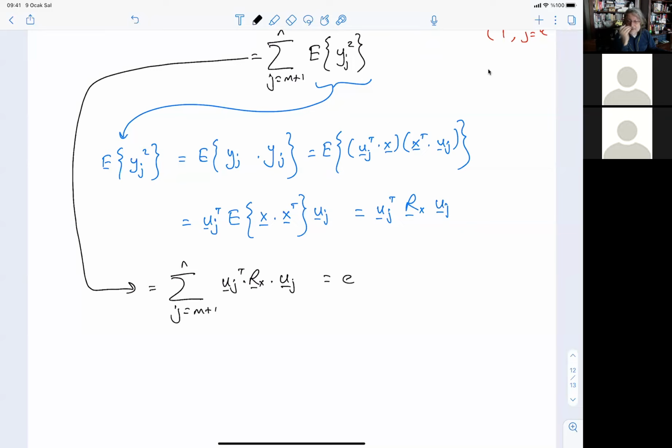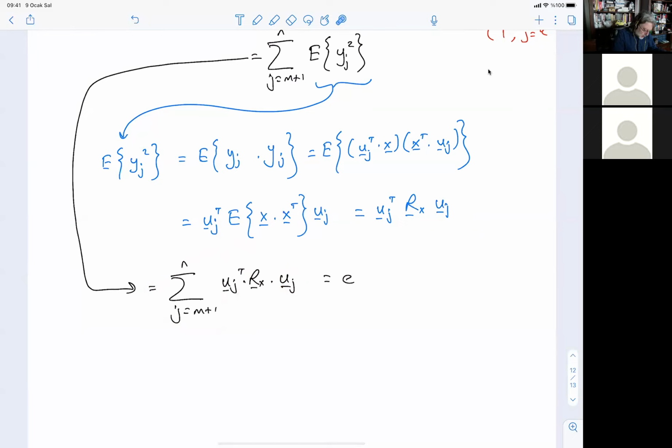With respect to what? Of course, you have to be careful about what your minimization or optimization parameter is. And that is uj or uj transpose, whatever. The basis vectors are the things that we are designing. So we will minimize this with respect to uj. And its minimum will occur when, for example, you choose uj to be equal to 0.